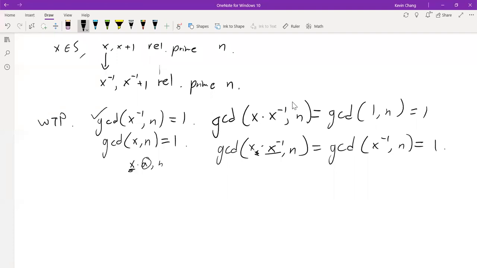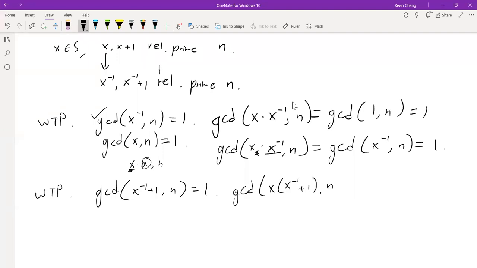So now we are left to prove that x to the minus 1 plus 1 is also co-prime to n. So now we want to prove that its GCD with n is equal to 1. And we can actually approach this in a very similar way to how we did this one. Essentially, we want to look at the expression GCD of x times x to the minus 1 plus 1 comma n.